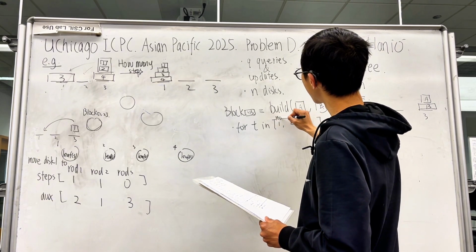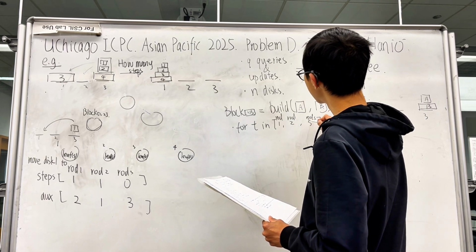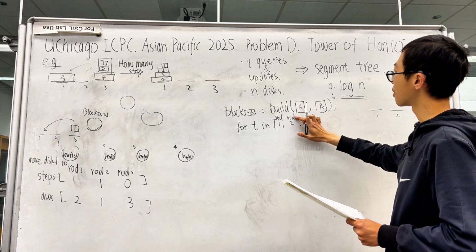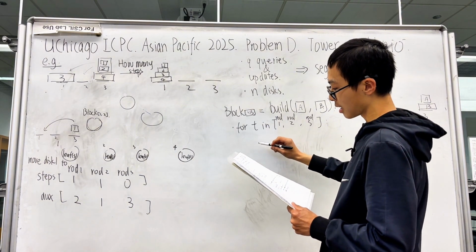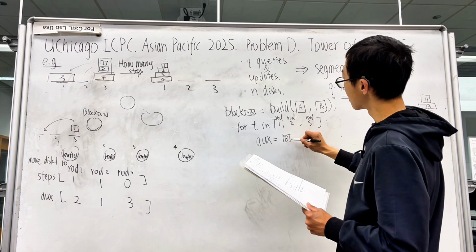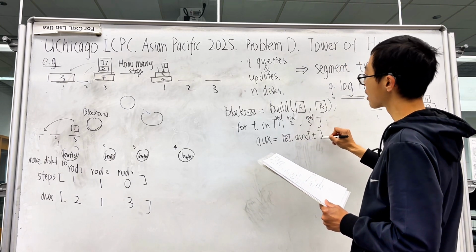So rod 1, rod 2, and rod 3. If the target rod is one of those 3, we will first get the auxiliary rod equal to block B's auxiliary rod for this target rod.